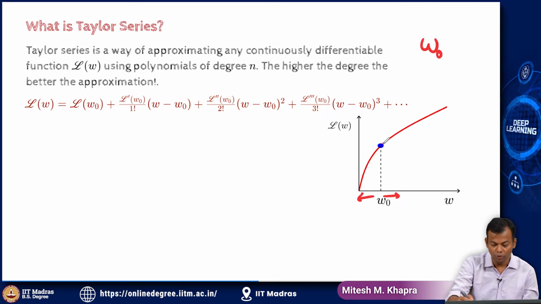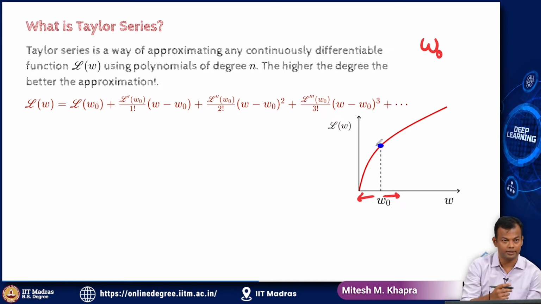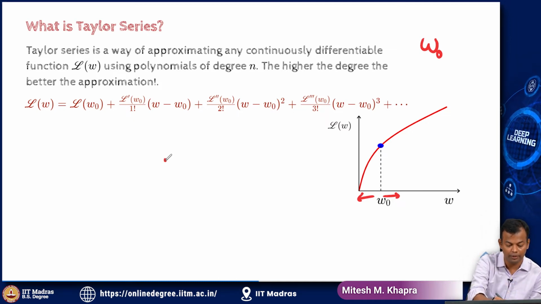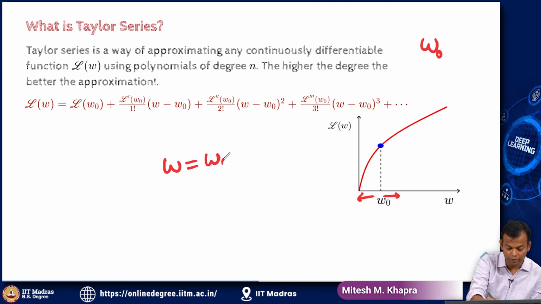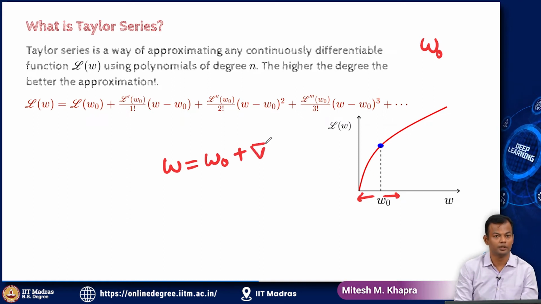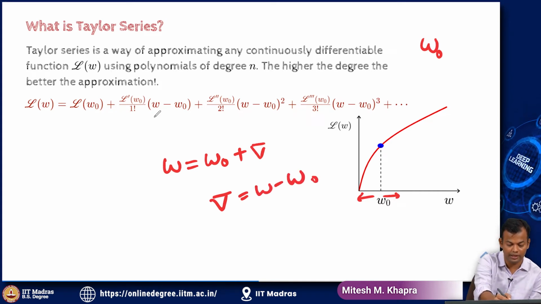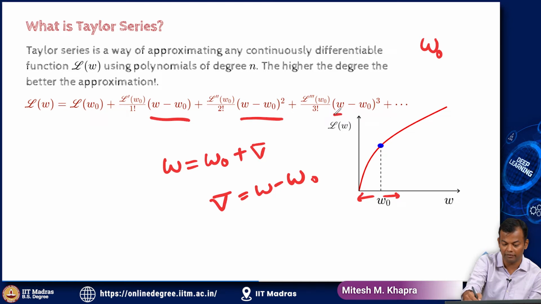Now if I know this w naught, what the Taylor series does is that if I know a point w, which is w naught plus some delta, then delta is equal to w minus w naught, and you see that w minus w naught quantity everywhere here.